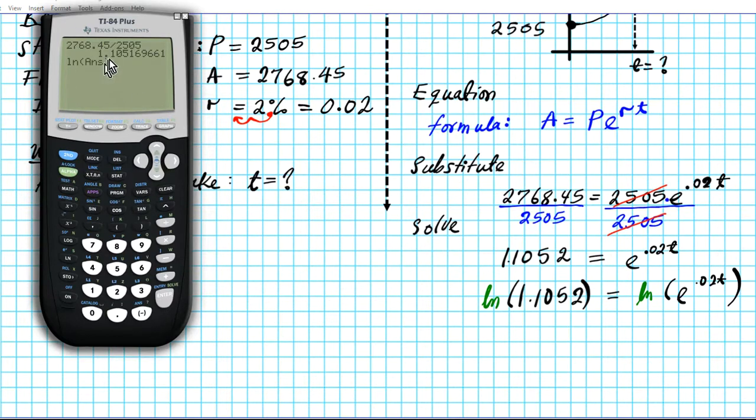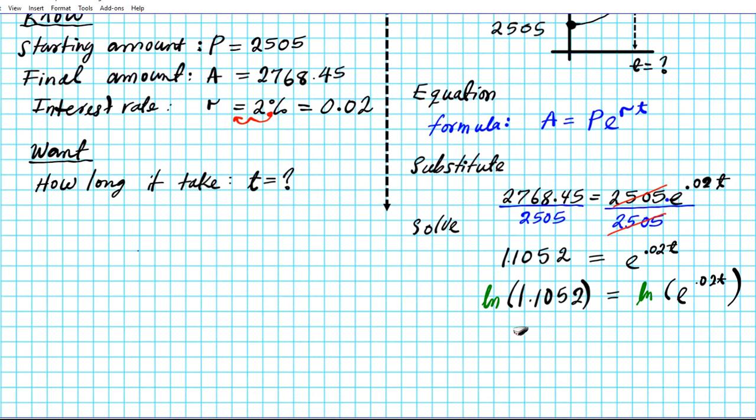So what we're doing here is we're basically taking the previous answer and inserting it into the natural logarithmic function. Enter. Our answer is 0.099998. If we round it to 4 decimal places, it's going to be 0.1000.